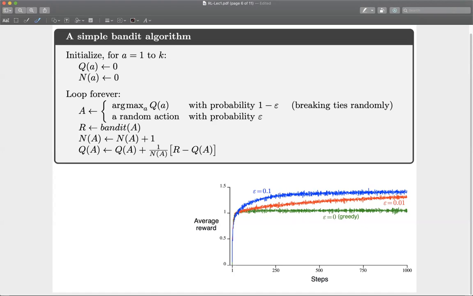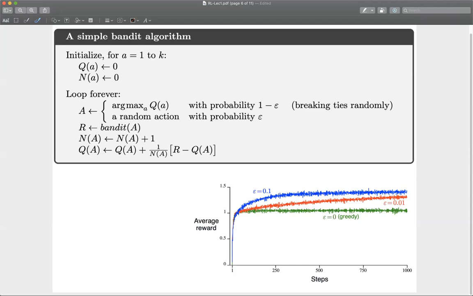And what we're going to do then is just loop forever, okay? And we are going to choose an arm. How we choose it has to do with whether we're going to do some kind of exploitative move or some random move, but let's save that for now. Point is, you picked an arm, and then you ask the bandit, give me the return for pulling that arm, and you get this value R. Then increment the counter.